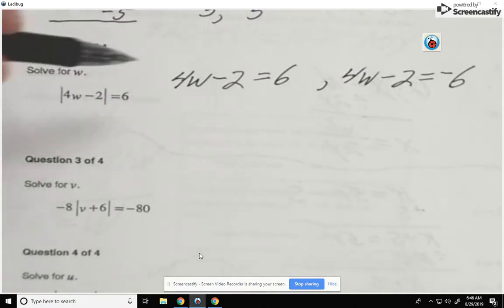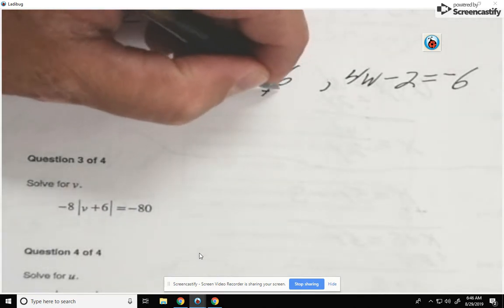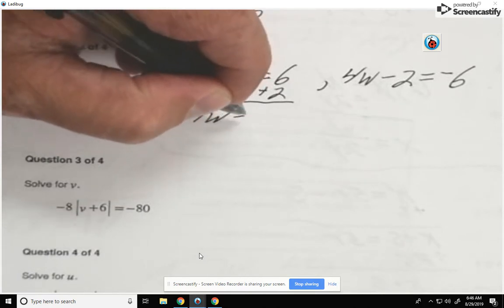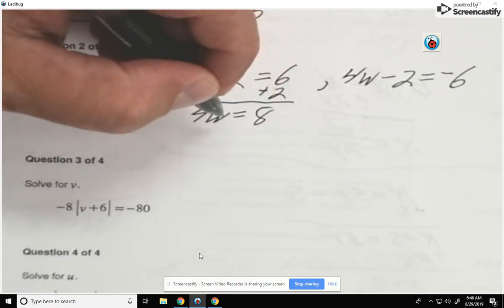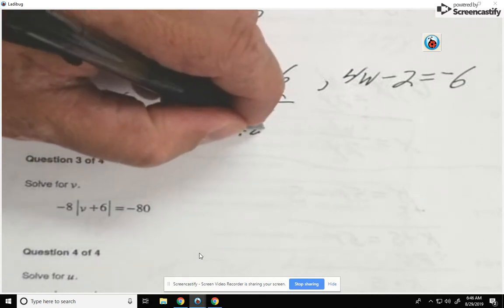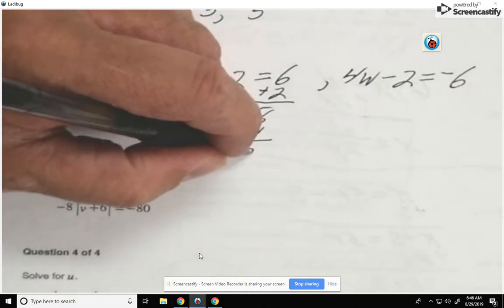So with the first equation, 4w minus 2 equals 6, we start out by adding 2 to get 4w equals 8. We then go ahead and divide by the 4 to get w equals 2.